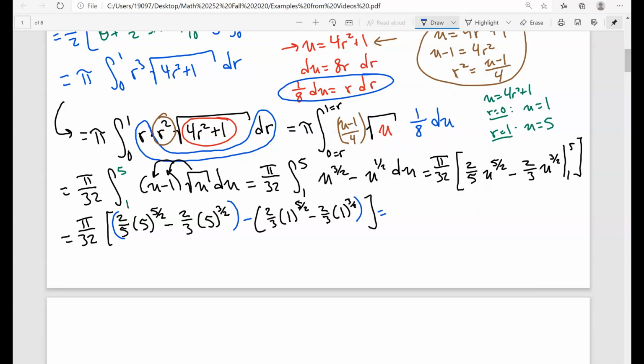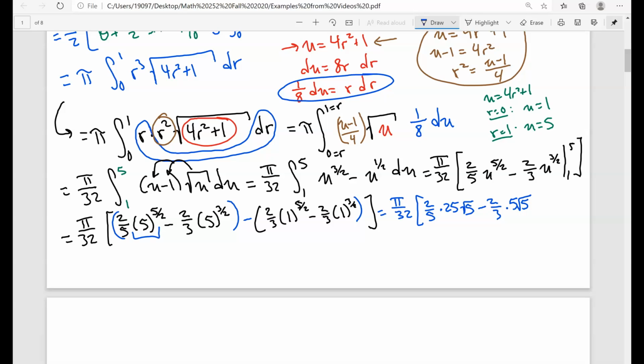Now if you really want to simplify this, you can. This guy is just going to give me 2/5, and then I have five 5s under the square root. I'm going to be taking out 2 pairs, so that's going to give me 25 square root of 5. Then I have minus 2/3. I have three 5s, and under the square root I can take out 2, so that's going to give me 5 square root of 5.